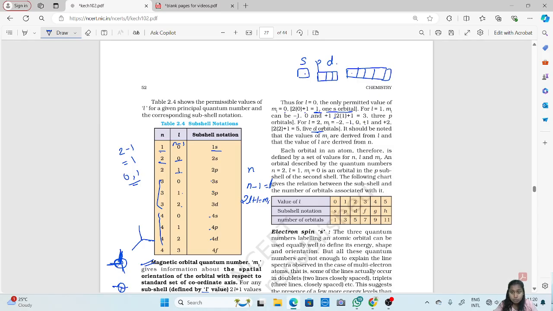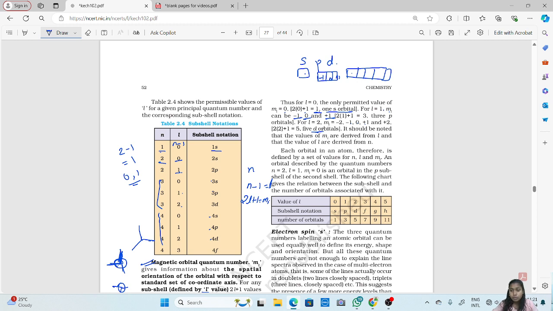Now for l equals 1, the magnetic quantum number will be -1, 0, +1. That is p.